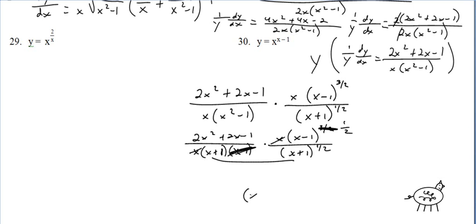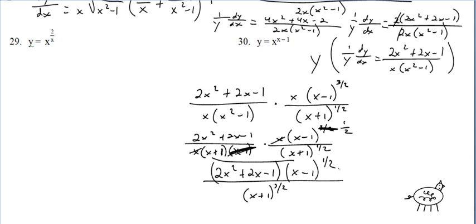So really I have x plus 1 to the 3/2 on the bottom. And on top, I have 2x squared plus 2x minus 1 times x minus 1 to the 1/2 power. Whew, that's brutal. Okay? And that's your final answer.